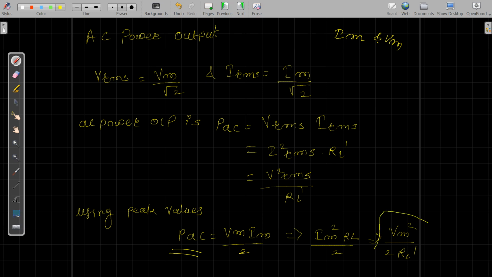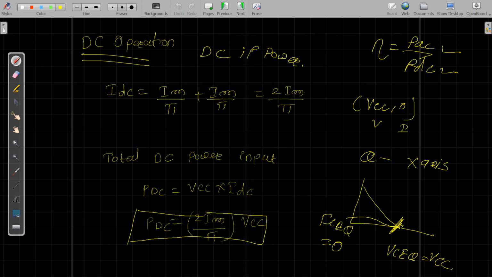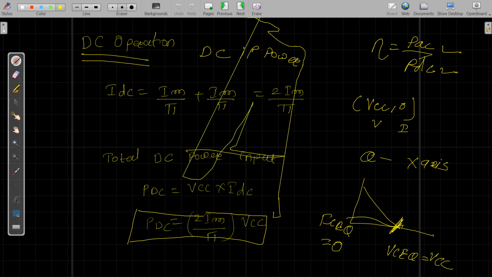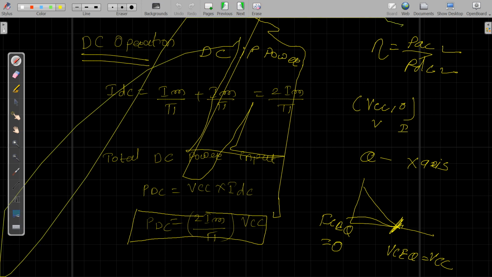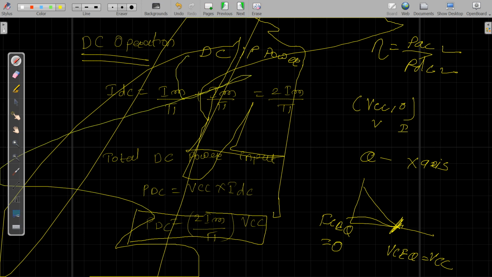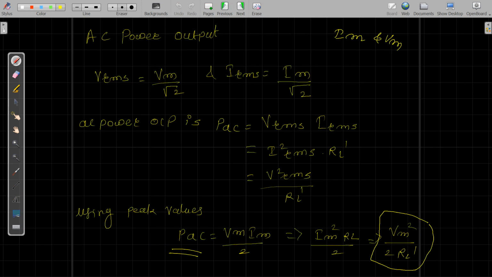But now here I am following the same protocol which I followed for the class A power amplifiers. So now this is my AC power and I know my PDC. So I have my PAC and PDC values.